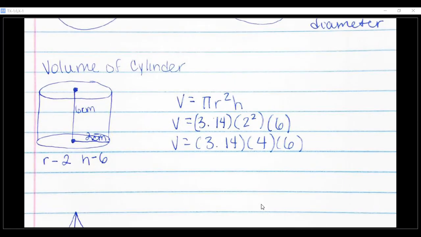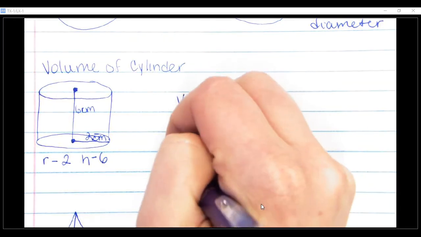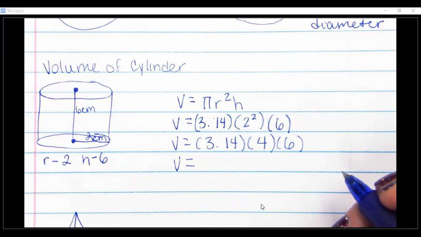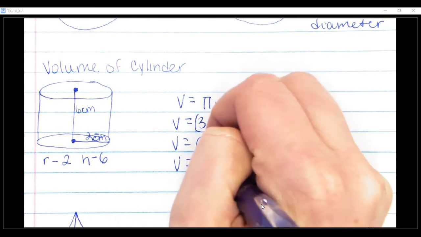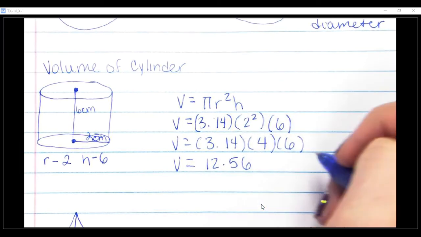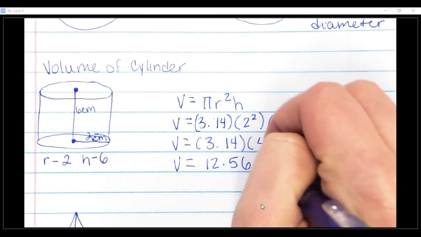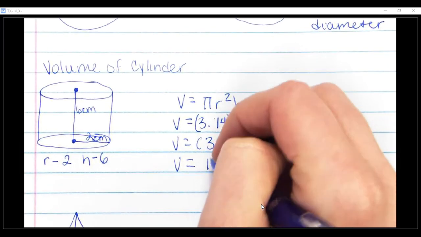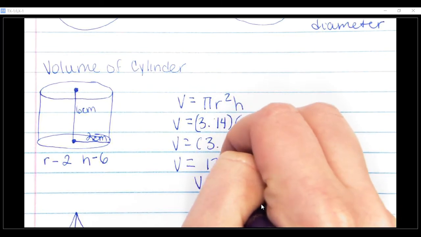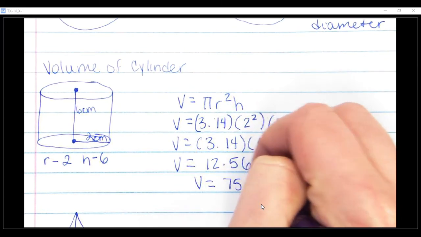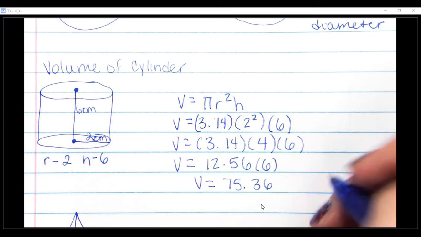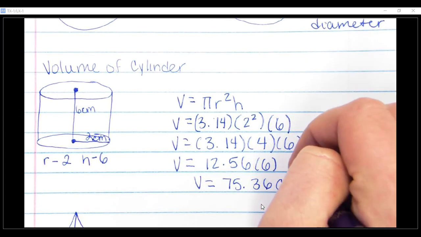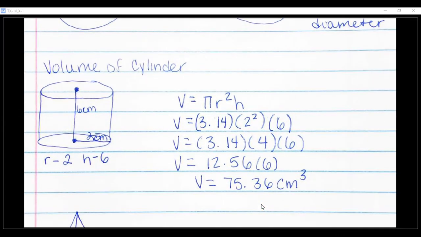Now I'm going to move on to calculating from left to right, since this is all multiplication. 3.14 times 4 is going to be 12 and 56 hundredths. And I need to multiply that by 6. I'm going to get an answer of 75 and 36 hundredths. I want to make sure that I label it. That's my last and final step. Since these are in centimeters, I'm going to put centimeters and I'm going to cube it since it's volume.